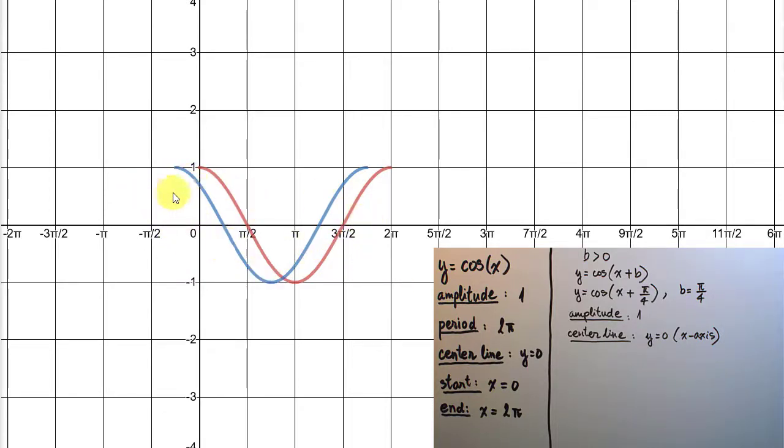But just by looking, we can estimate well enough that the period of this blue graph should be the same as the period of the red graph. So as an estimate, the period of our current function cosine of x plus pi over 4 is 2 pi.